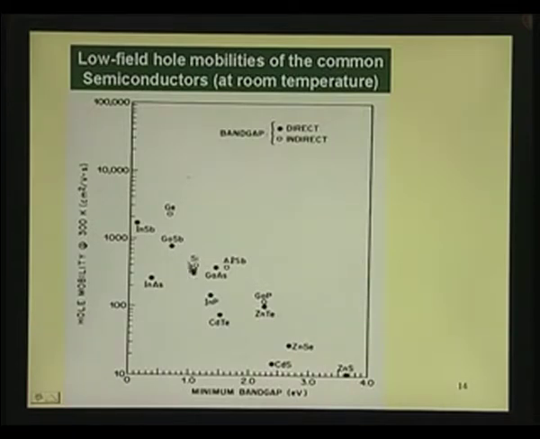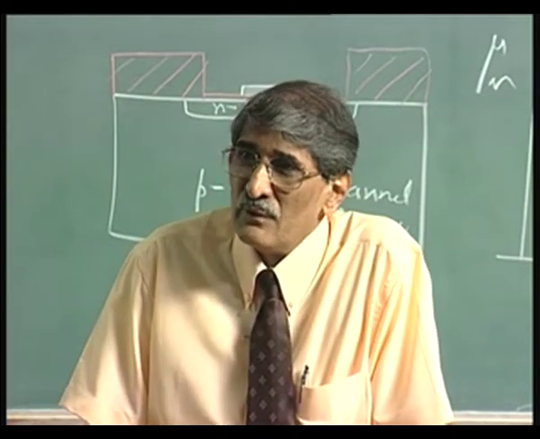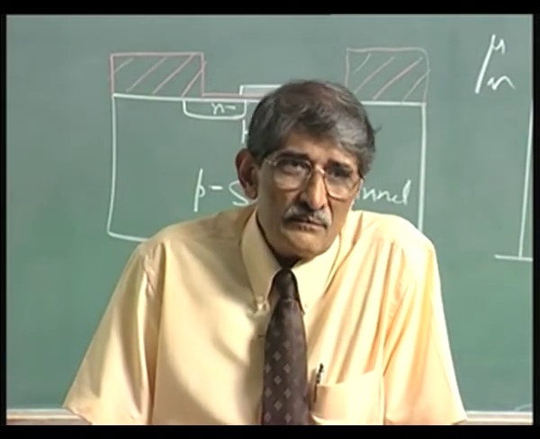Hole mobility for silicon is that. But if you see gallium arsenide, it is lower or almost same. Indium phosphide, it is even lower. So, you jumped up with joy when you saw the gallium arsenide having electron mobility much higher than that of silicon, but you look up the hole mobility, it is way down.